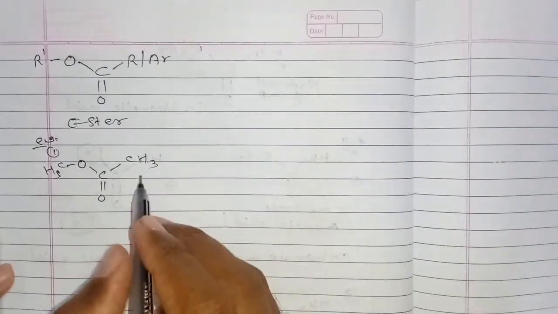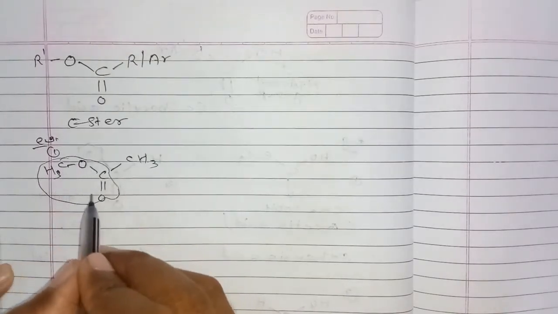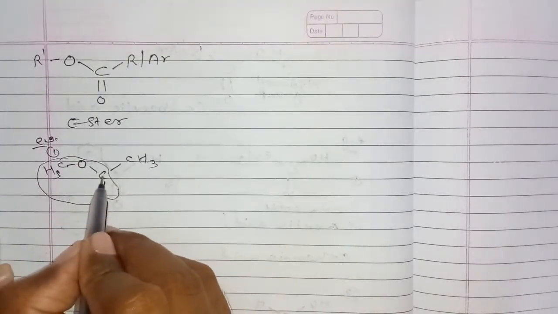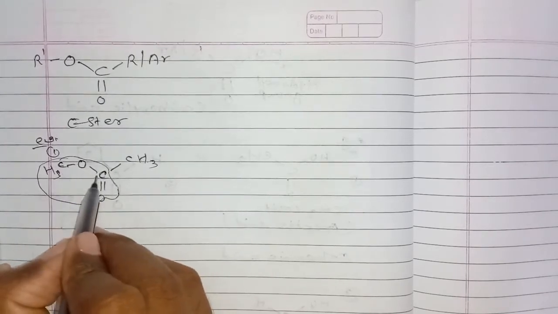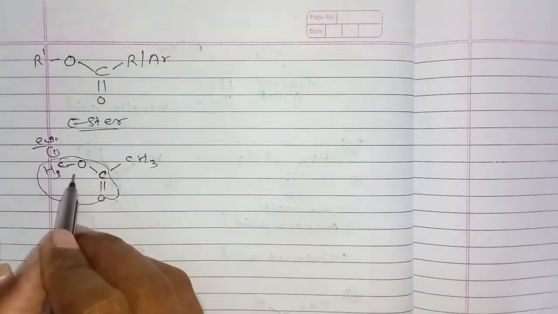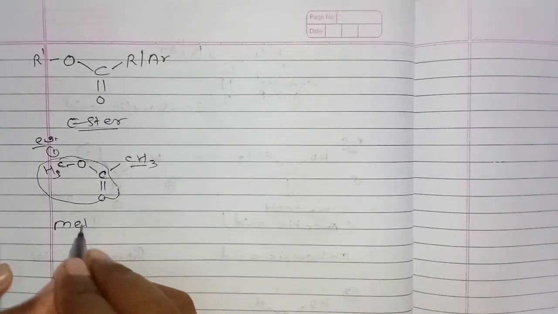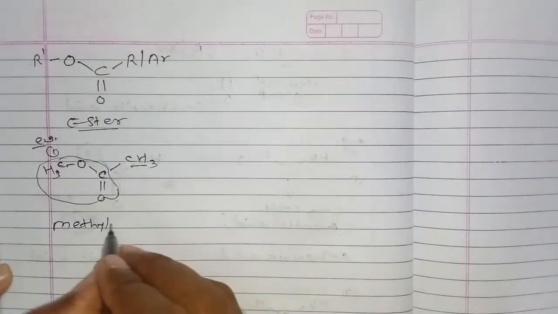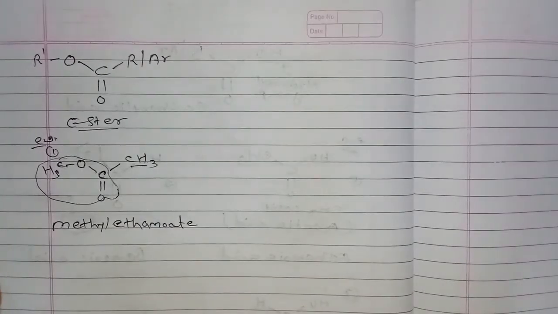There are two carbons, so the suffix is ethanoate, and the alkyl group is methyl. Its name will be methyl ethanoate.